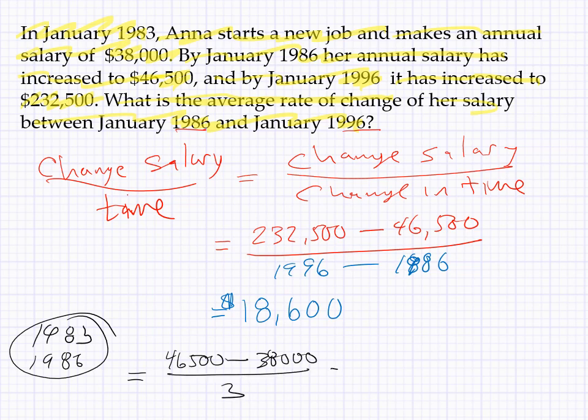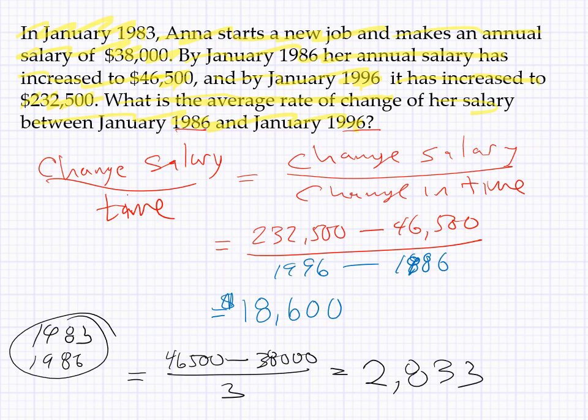Well, what was the average rate of change over those 3 years? Smaller span of time, but still we're just looking at averages. So the average in that span of time would be 46,500 minus 38,000 divided by the 3 years. Her average there was only 28.33.